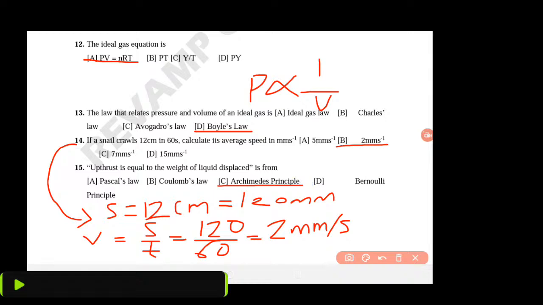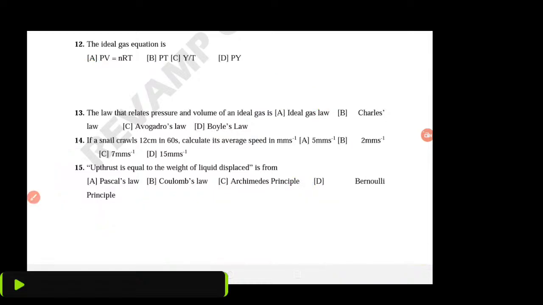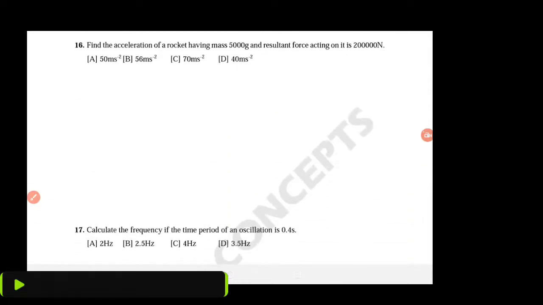Okay, let's move away from this and go quickly to question number 16. In question number 16, we have to find the acceleration of a rocket having a mass of 5,000 grams, and the resultant force acting on it is 200,000 Newton.